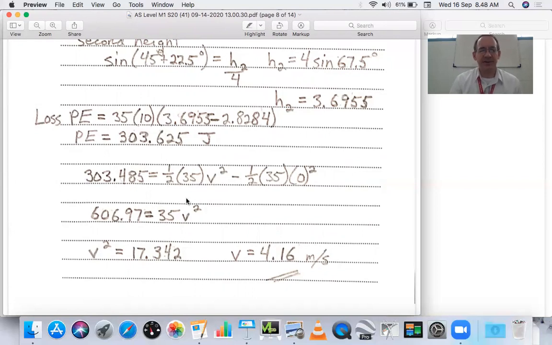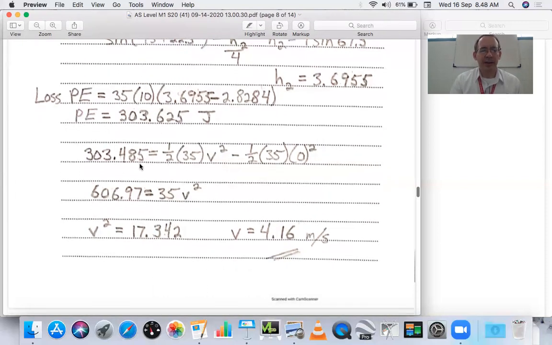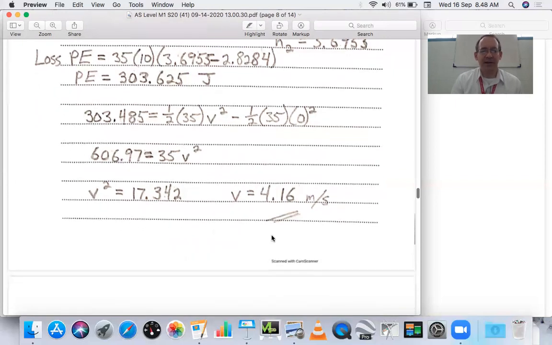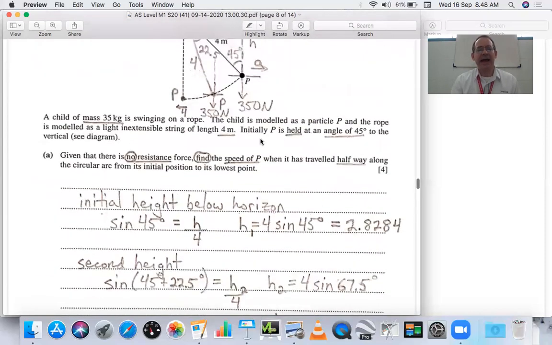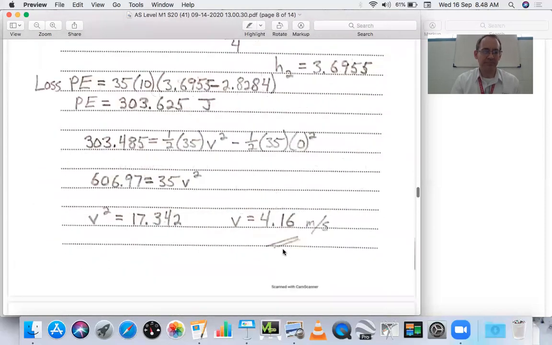So that just leaves us with this term over here. So 1/2 times 35 times v squared, multiply by 2 to the other side, then divide by 35 and square root, gives us a velocity of 4.16 meters per second at that halfway point.